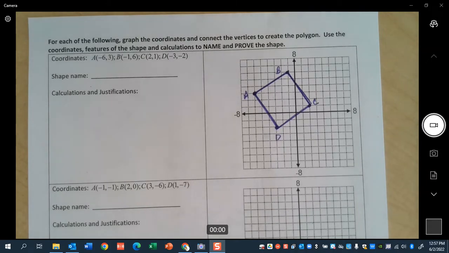But then how do we rule out the fact that it's not a rectangle? Or is it a rectangle? How do we rule out the fact that it's not this or that? The more in-depth you are with your answers, the better you get. Turn and talk to your partner and talk about a plan for what you can say this shape is unequivocally. Go.